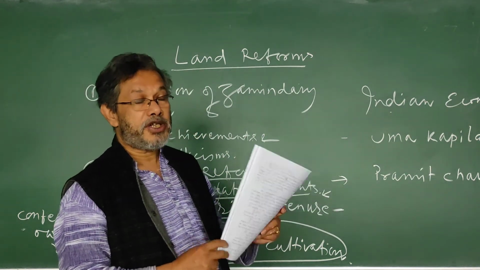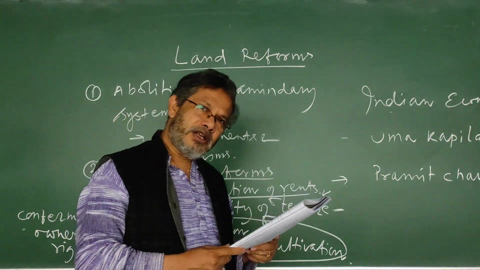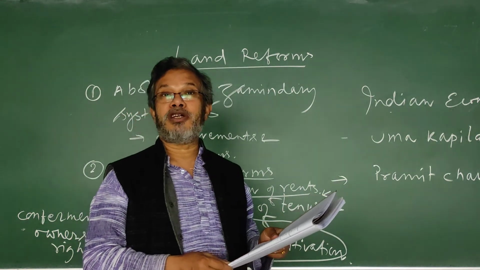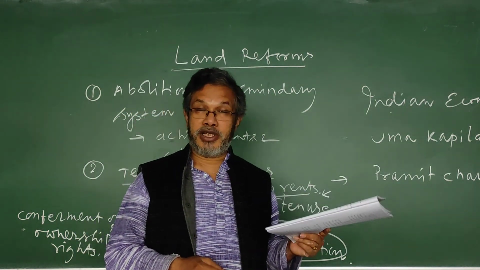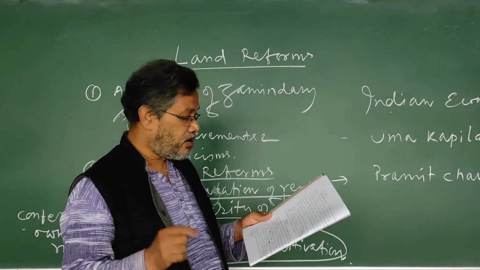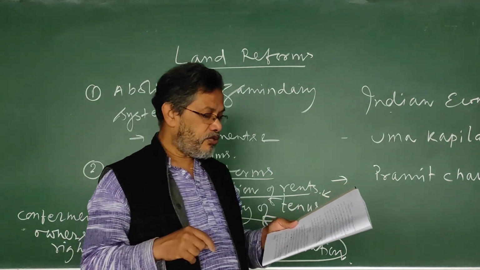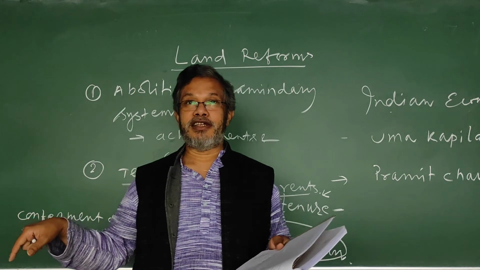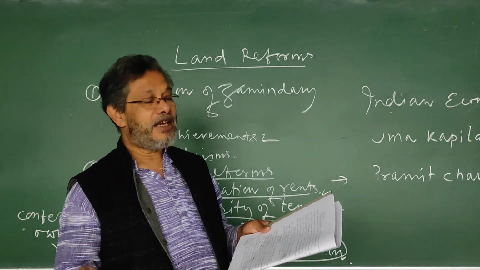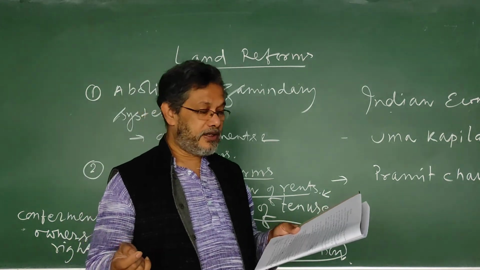When individual members were the unit, transfers would take place. Benami transfer, as I told you, they used to transfer the land in the name of a cow, dog, and so on. Another exemption was tea garden areas, plantation areas, where they can keep land beyond the ceiling level.